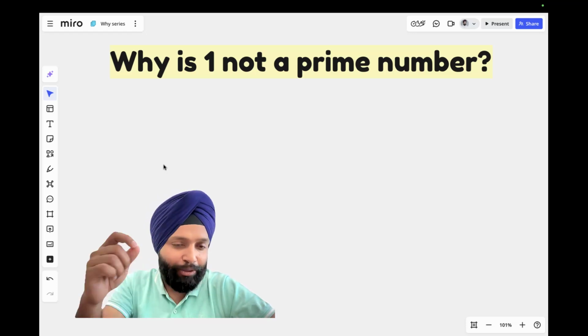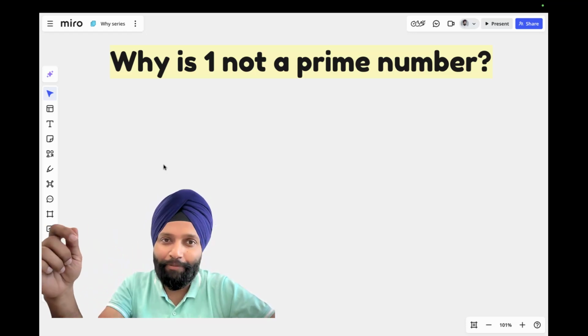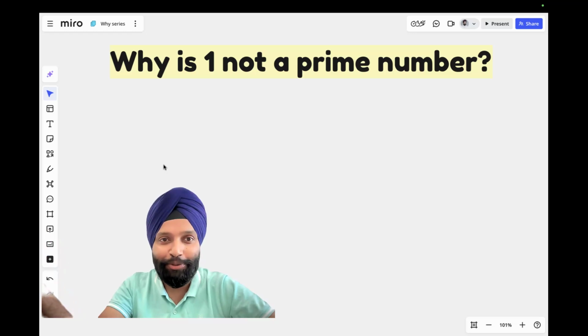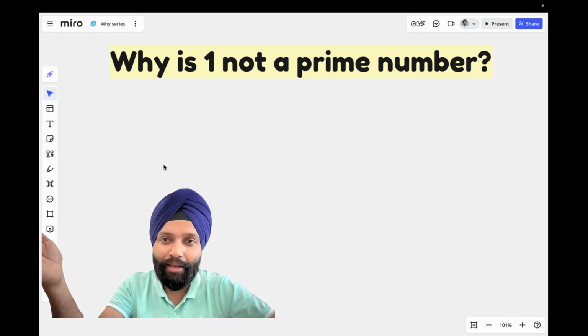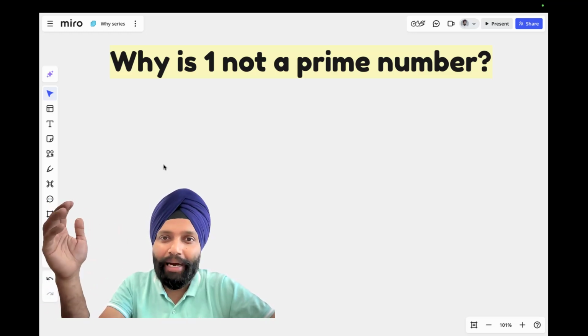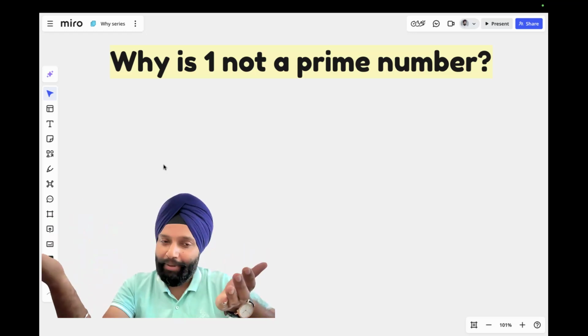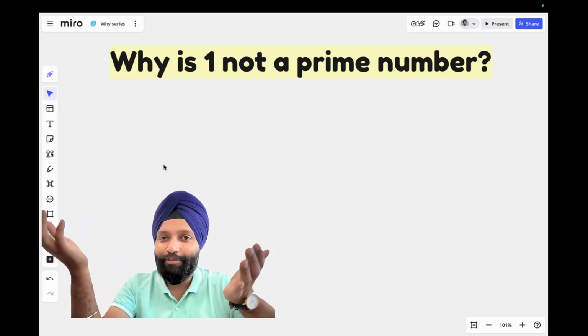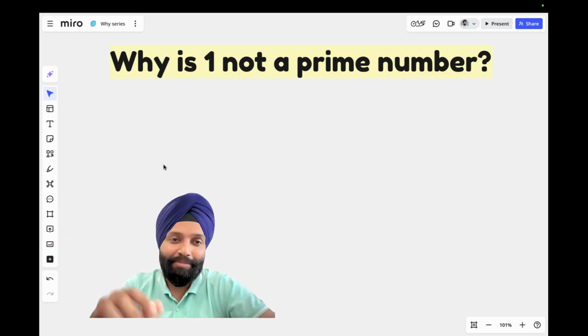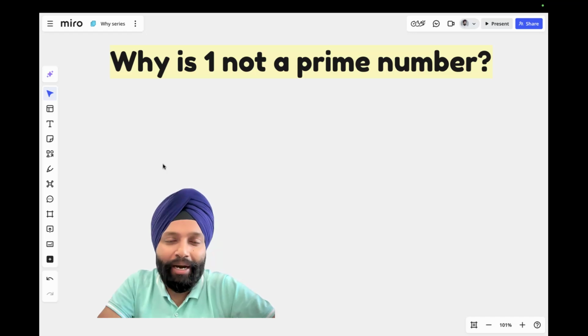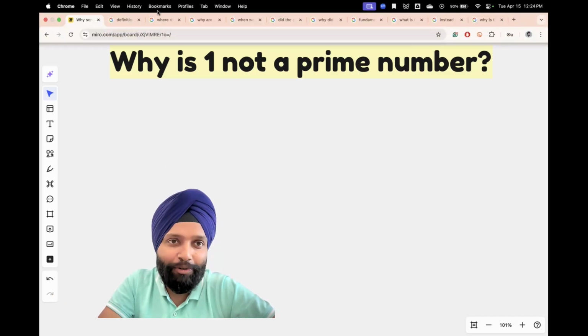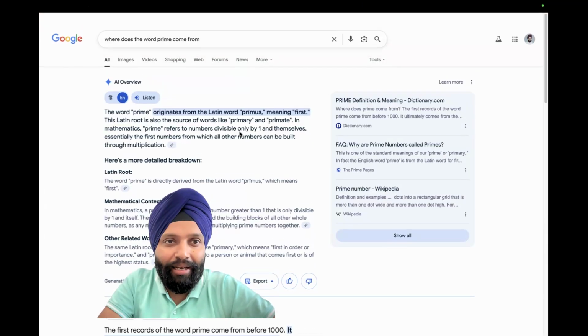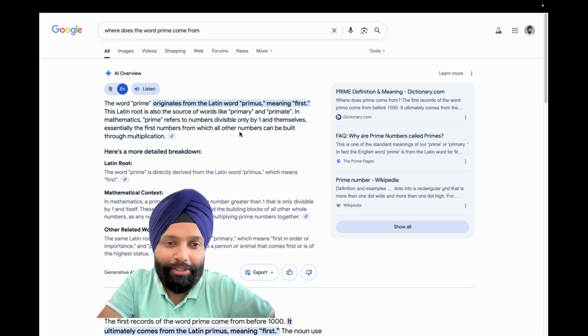So before we get into why the definition of prime number is so, let's try to understand why prime numbers are called prime numbers. Why have they chosen this name, prime number? What is so prime about them? So let's first try to understand the origin of this word prime.